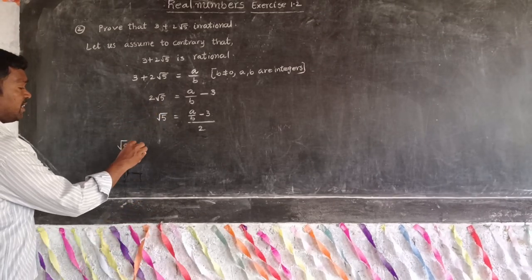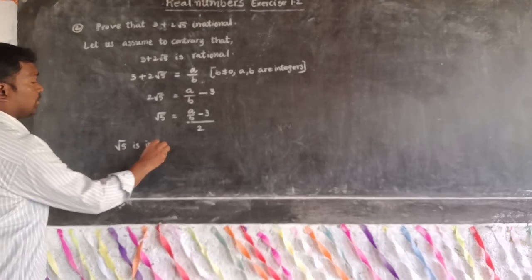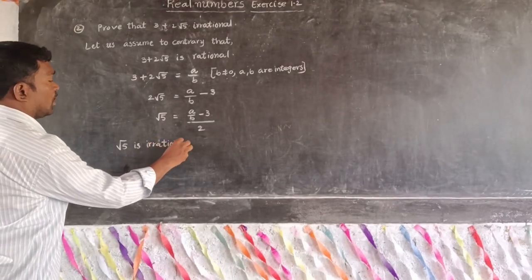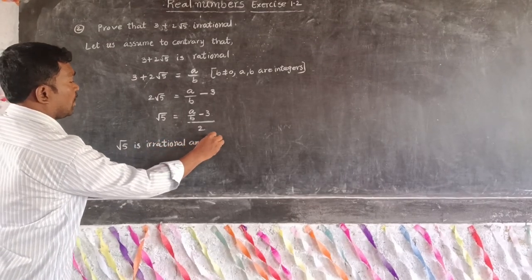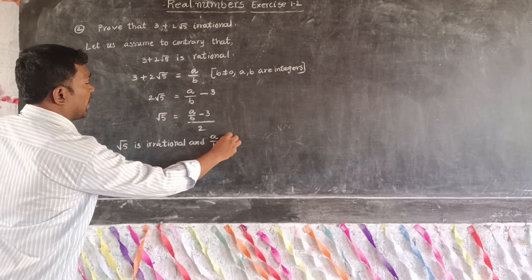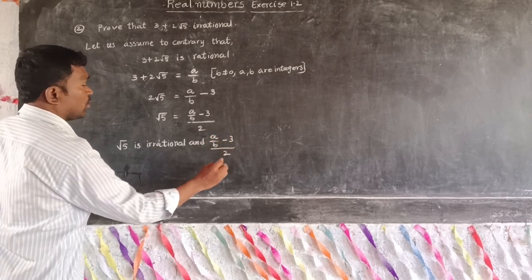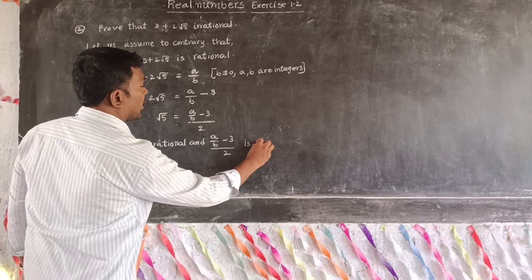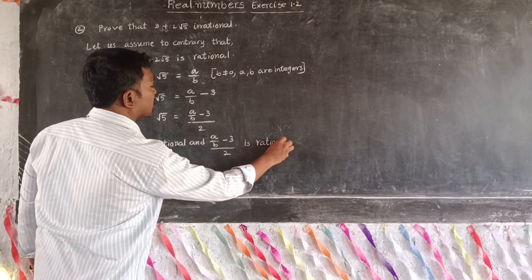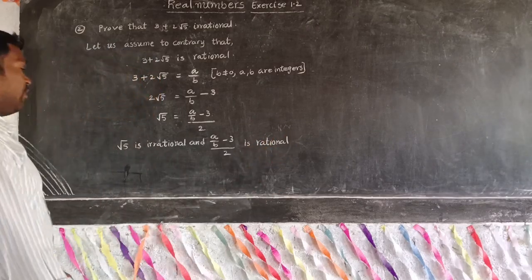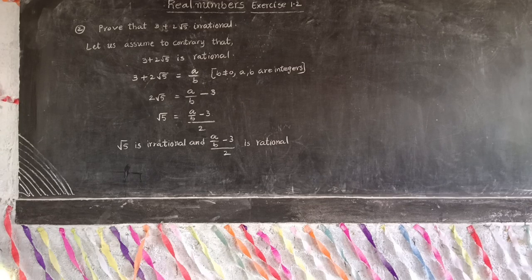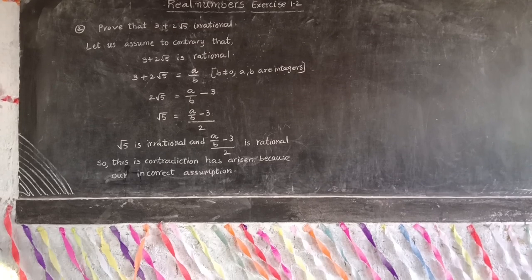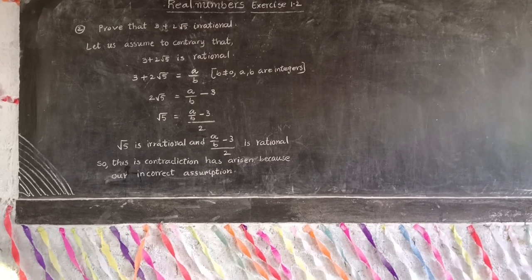Root 5 is irrational and (a by b minus 3) whole by 2 is rational. Left hand side is irrational and right hand side is rational.